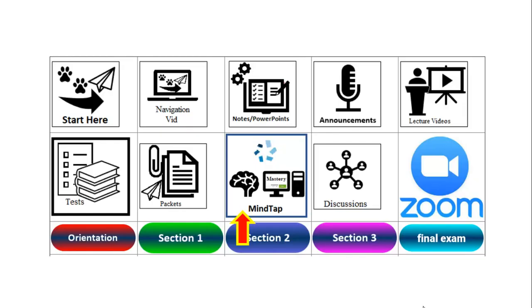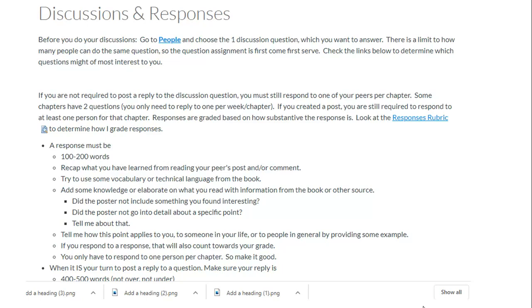Now, when it's time for you to actually do the assignment, you're going to go ahead and click on the discussions page. You'll notice that some chapters have two questions. If you're only responding, let's say you chose question M at the end of the semester, then when you're going over chapter 2, you only have to respond to one of the questions.